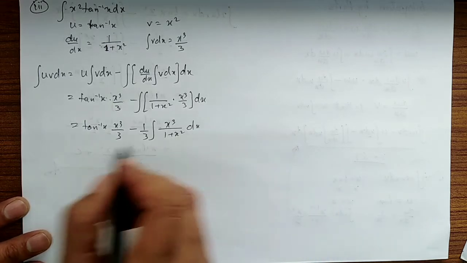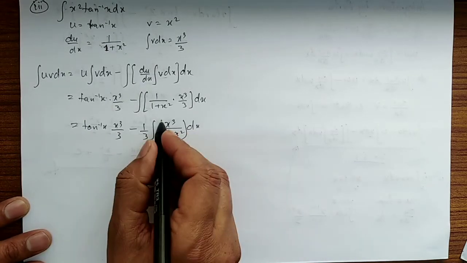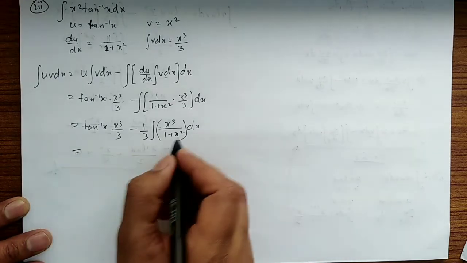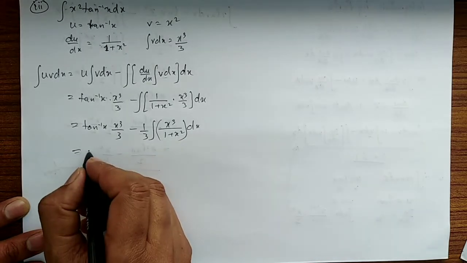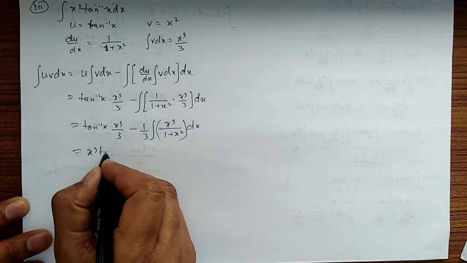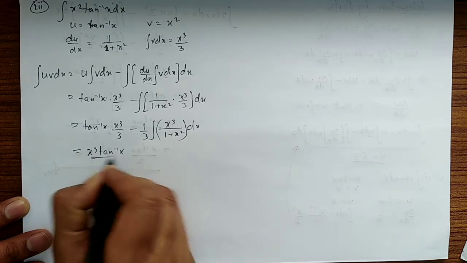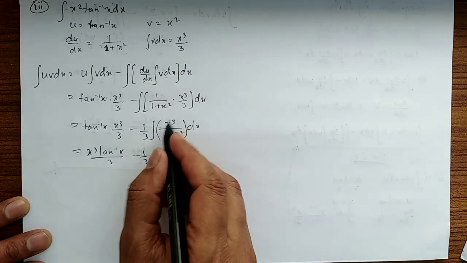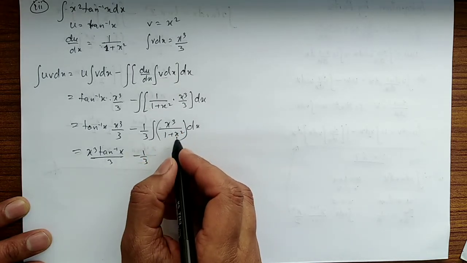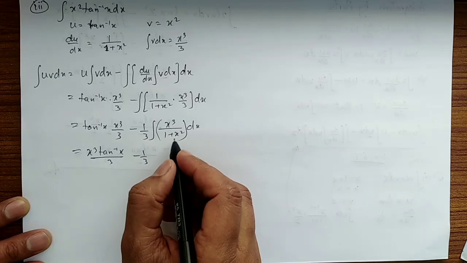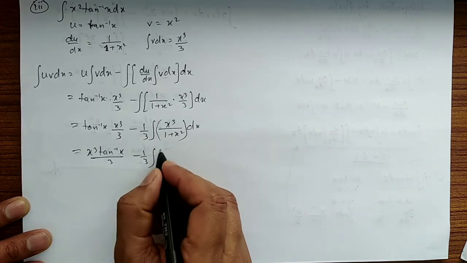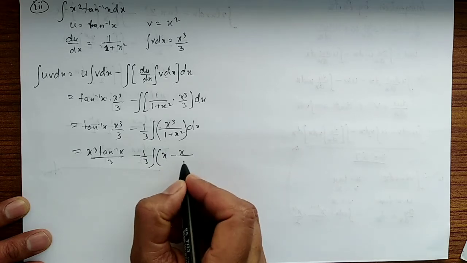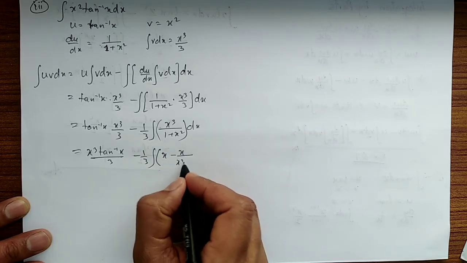And now you can see this is an improper fraction, so we are making it proper first. Improper fraction converted into a mixed fraction, rearranging this part, 1 upon 3. If you divide x cube by 1 plus x square, that gives x minus x upon x square plus 1.